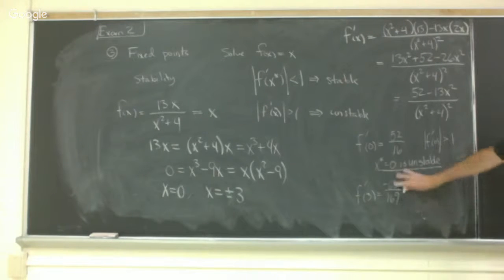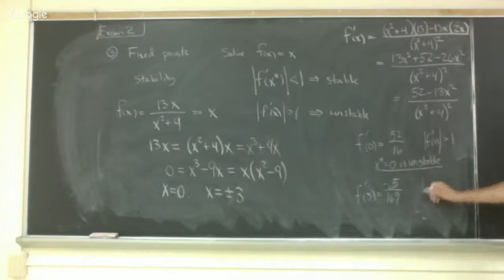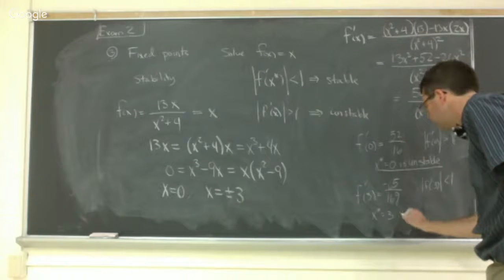Negative 65. And so the absolute value of that slope is less than 1. What does that mean? That x star equals 3 is stable.